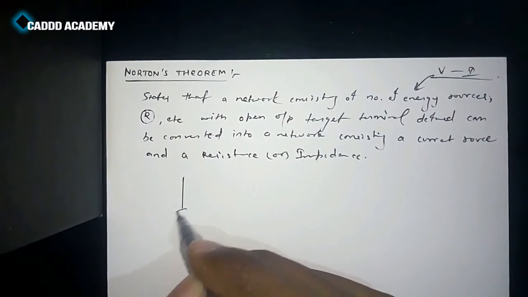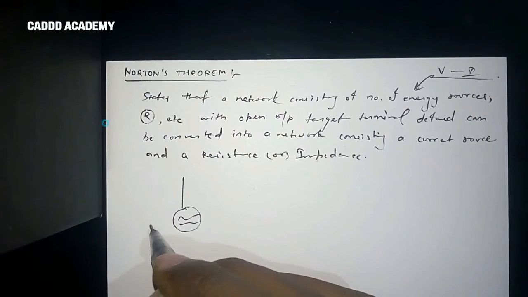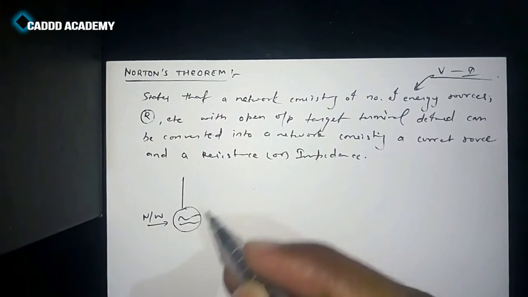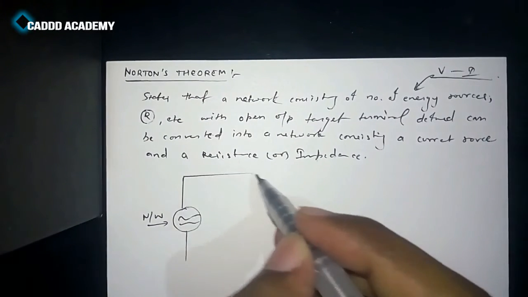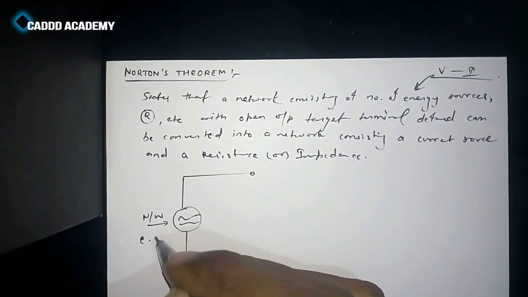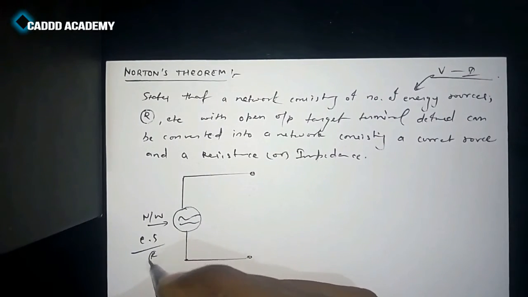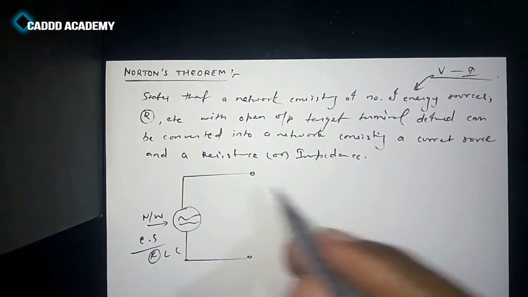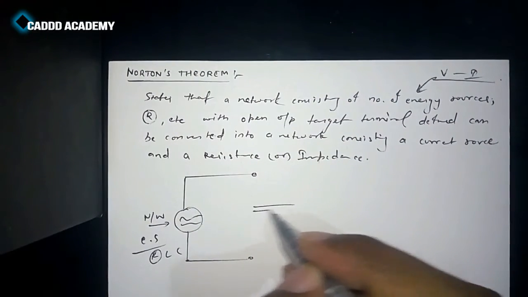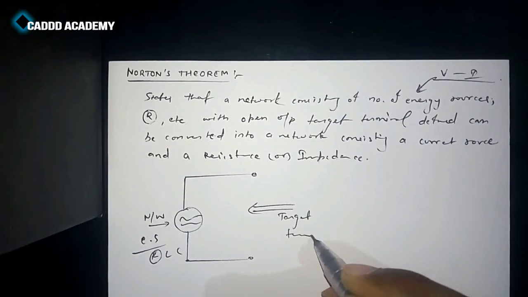Okay, we have a network like this, and this network consists of a number of energy sources, resistance, inductance, capacitance, etc. This is the target terminal.